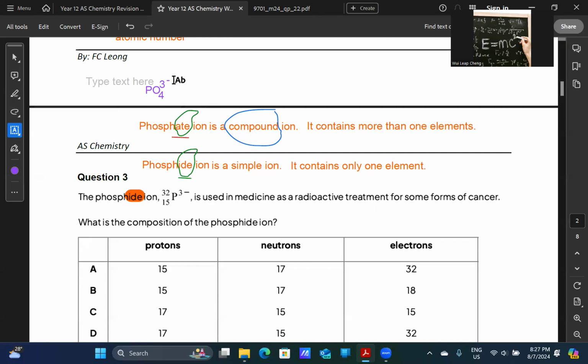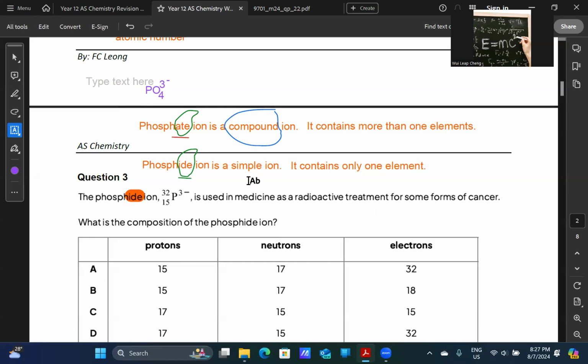This is the chemical formula of phosphate ions, PO4 3 negative. You will see that this ion contains two elements, phosphorus and oxygen. However, phosphide ions contain only one element, which is phosphorus only. So please get yourself familiar with the differences between compound ion and simple ion.